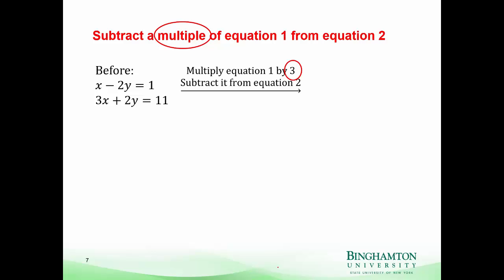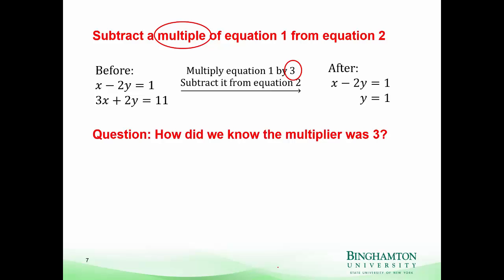And in this example, we needed to multiply the first equation by 3. And so the question is, where does that knowledge come from? How did we know to multiply by 3 and then subtract it from equation 2? So let's look at that more systematically.